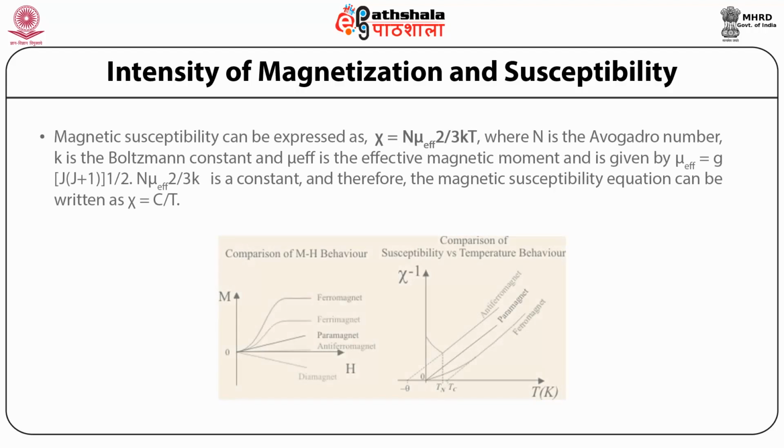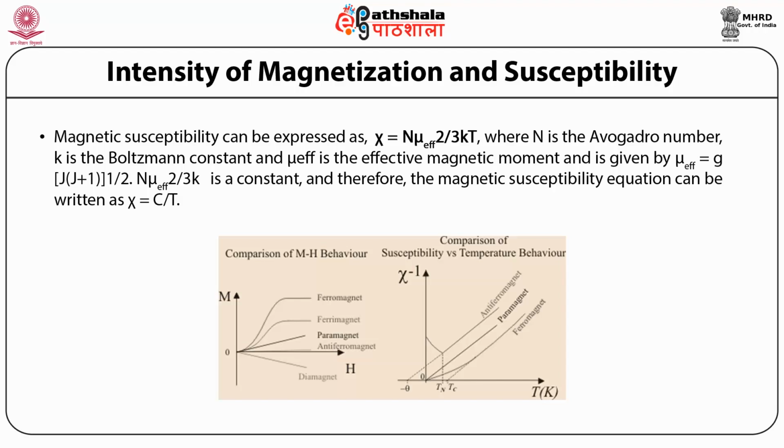As you know, the magnetic susceptibility can be expressed as chi equal to N mu effective squared by 3kT, where capital N is the Avogadro number, k is the Boltzmann constant, and mu effective is the effective magnetic moment and is given by mu effective equal to g [J(J+1)]^(1/2).